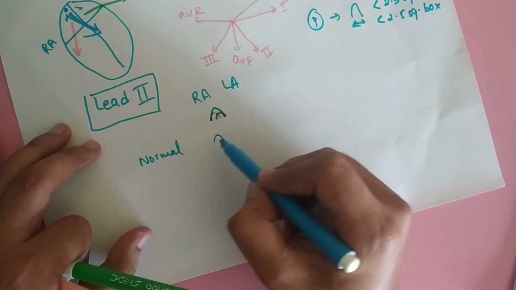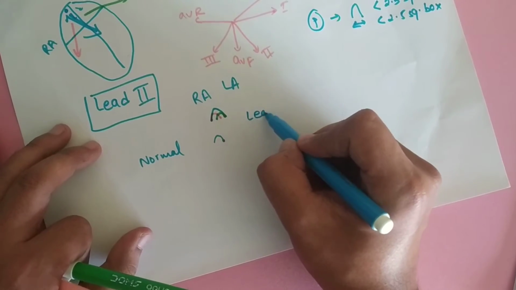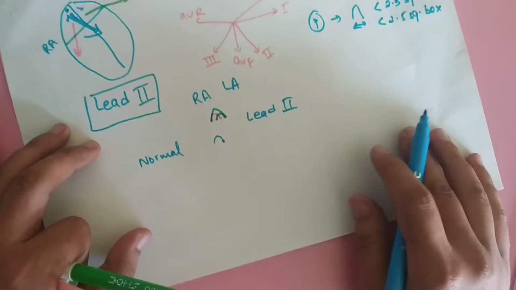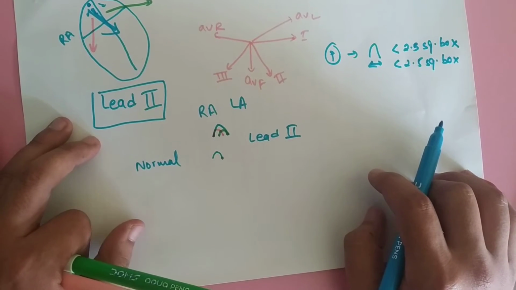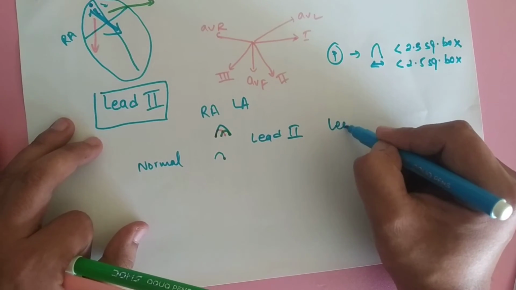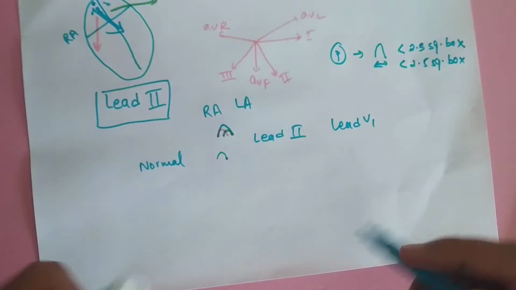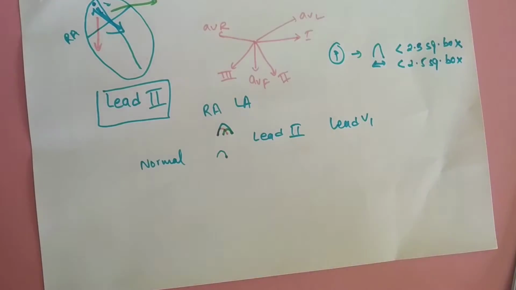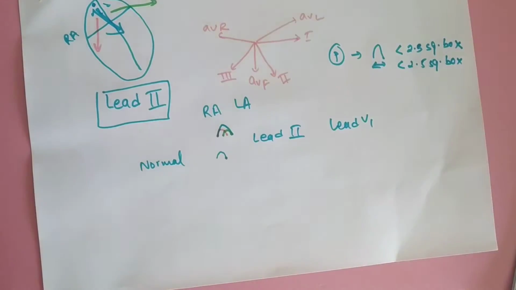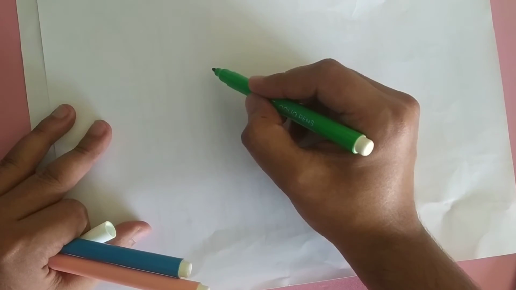So normally the P wave will be like this, and we look at lead 2, and another lead to be looked at for atrial pathology is lead V1. So why lead V1 is important is that I will draw here another example, a representation of a diagram.